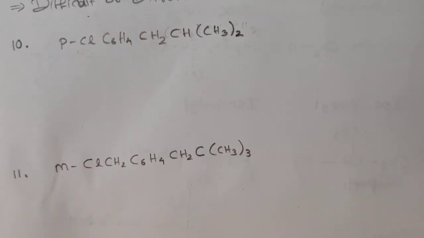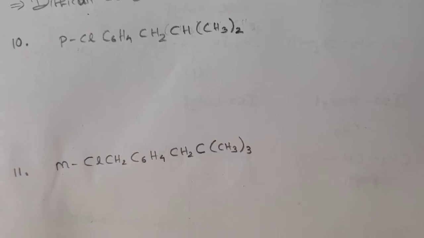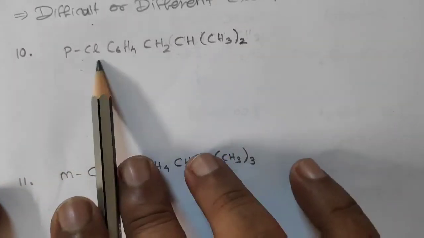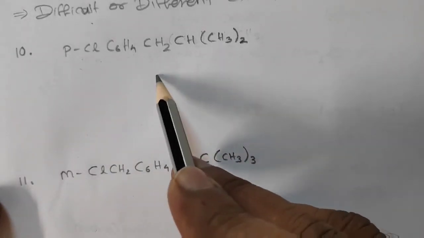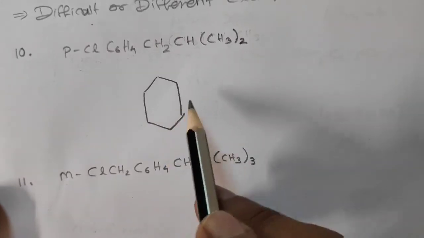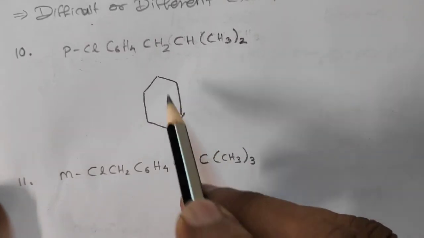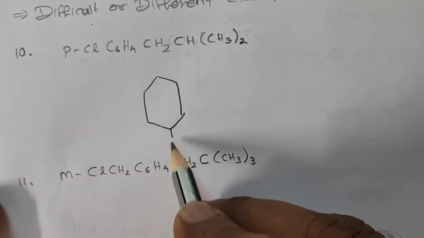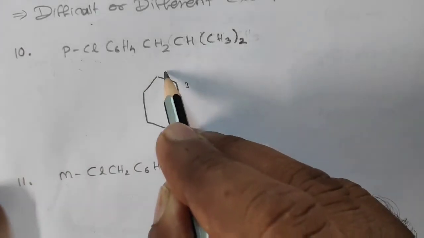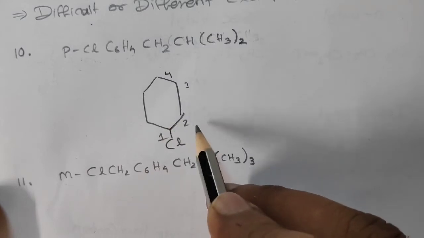So the 10th one, it is written para chloro. Now when they use this word, obviously a benzene ring will be here, right? So para chloro is there. So what will I write here? Para chloro, so one chlorine I will write. This is at first position, this is second, third, and this is fourth.